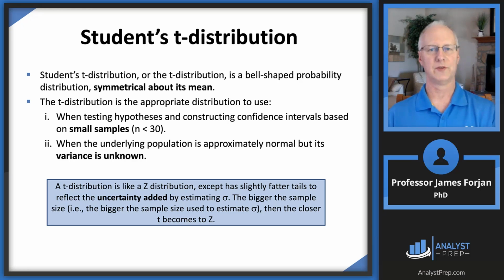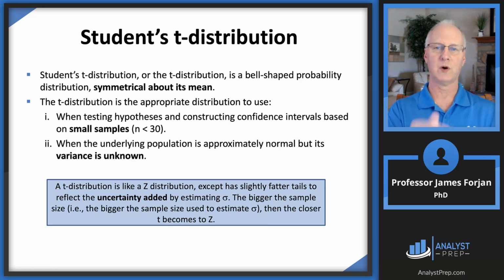How about the student's t distribution? This is how I learned it back in graduate school. You can use the z distribution for large samples, but when you get to small samples, each individual random variable contributes more and more to the distribution. And so the student's t is the distribution for really, really small samples.